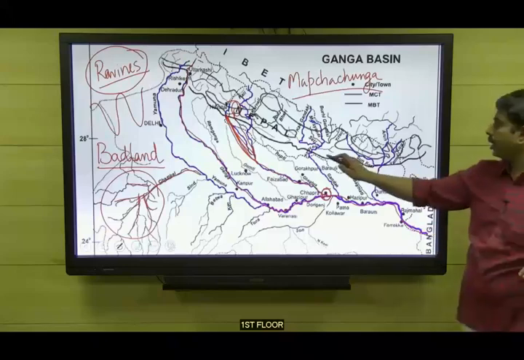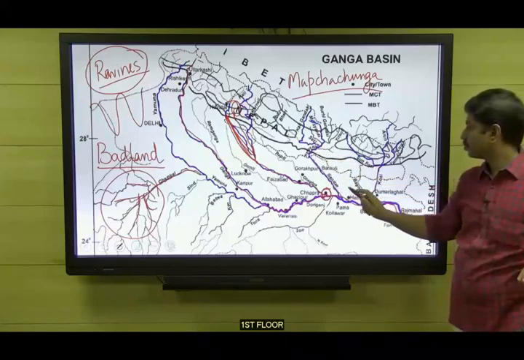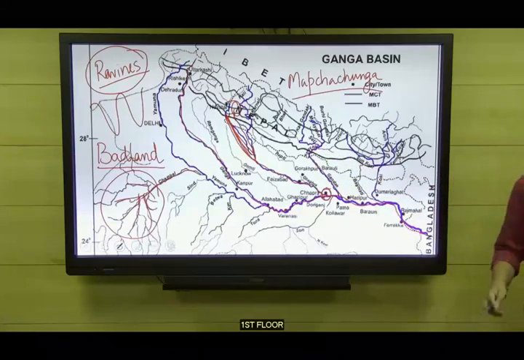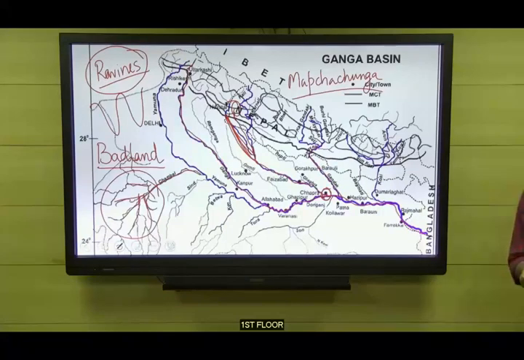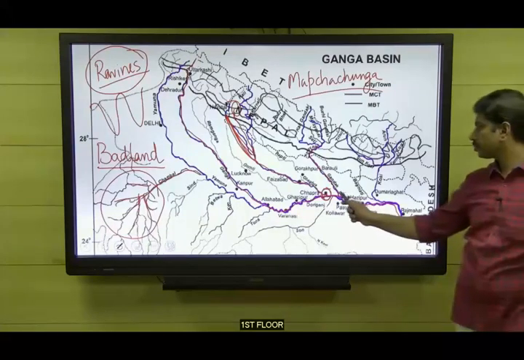And then coming to Gandak. Gandak river falls into Ganga at the exact place known as Sonpur, which is near Patna.